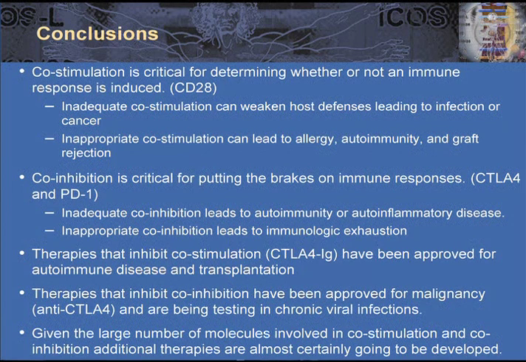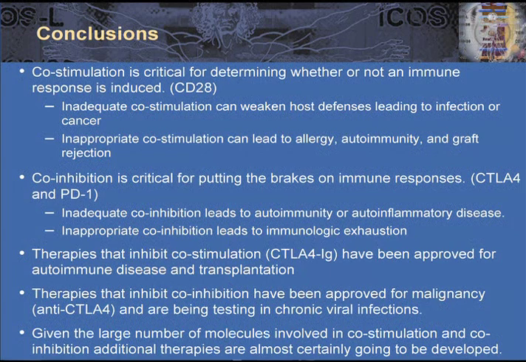Co-inhibition is crucial for putting the brakes on immune responses. CTLA-4 and PD-1 are some of the critical molecules involved in co-inhibition. If you have inadequate co-inhibition, you can develop autoimmunity or autoinflammatory diseases. If you have inappropriate co-inhibition, you can also develop immunological exhaustion in the setting of chronic infection and cancers.